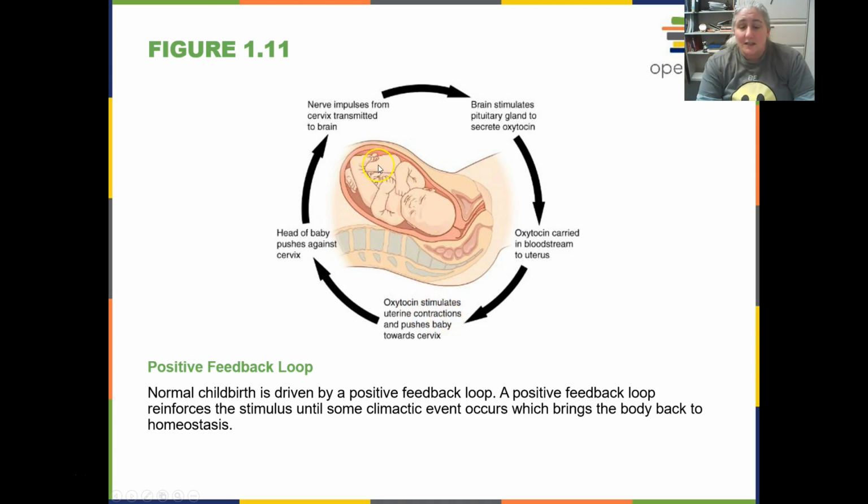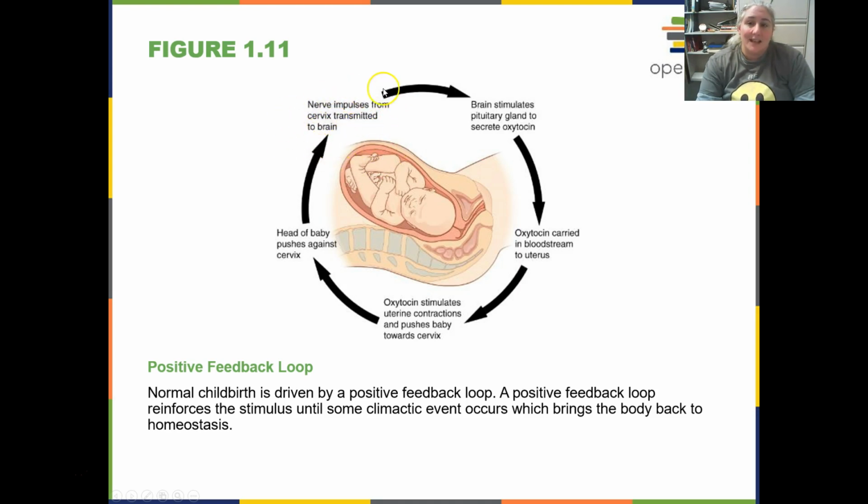The contractions cause the uterus to get smaller, so they squeeze the baby towards the vaginal canal, causing the head to hit harder on that cervical canal. So as soon as the head hits the cervix, receptors in the cervix send more information to the brain, specifically the hypothalamus.